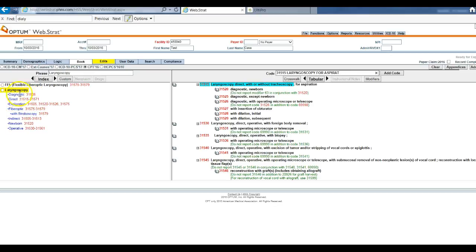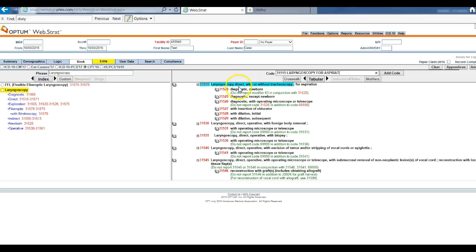So we're going to pull the information for the direct laryngoscopy. Now we have several things here. This is operative and this is also direct. Because it said direct, I'm going to look at these codes first in the tabular section to see if I can locate more details related to what happened to the patient.